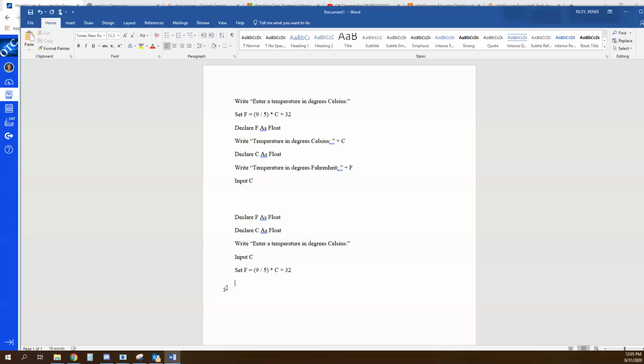Notice that this formula is dependent on that Celsius value. We couldn't put that up above and get valid results. If we put that above where we read in the value of C for our Celsius, we wouldn't get a valid number out. Okay, and then what do we have left?